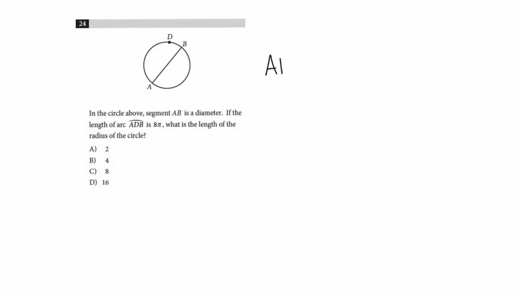Arc ADB, that's a semicircle. That's half the circumference. So then we could say that the circumference for this circle would be 16 pi.